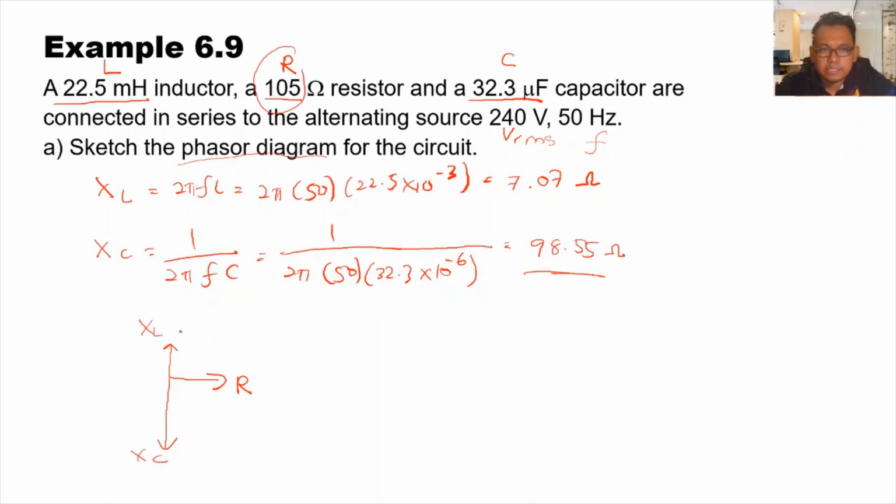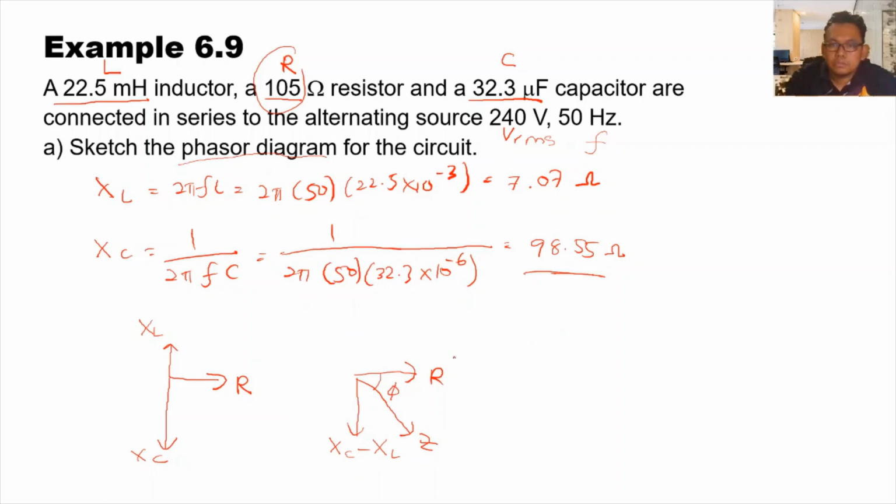Combine these both vertical arrows, so we have the distance, and this is our XC minus XL, and this is our phase angle, and this is our phasor diagram.